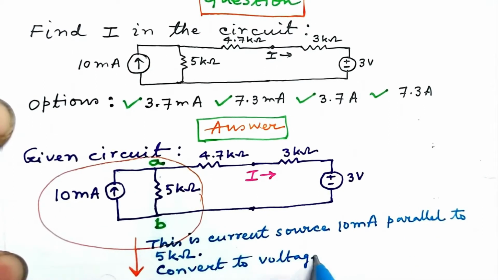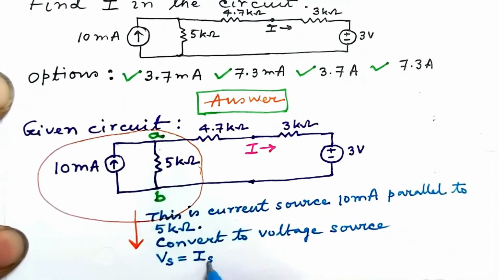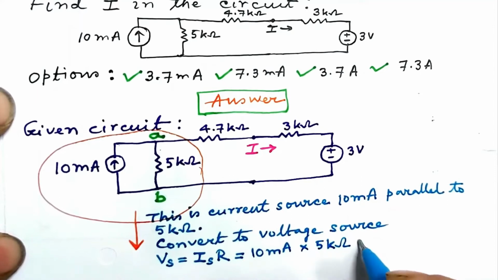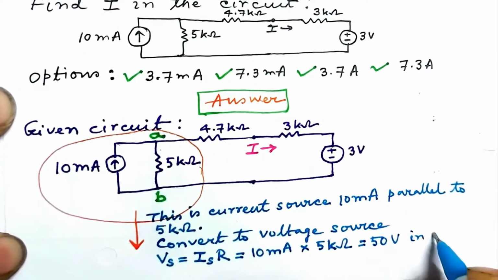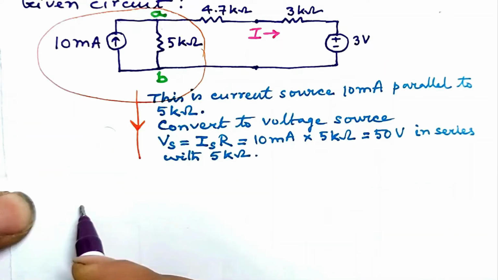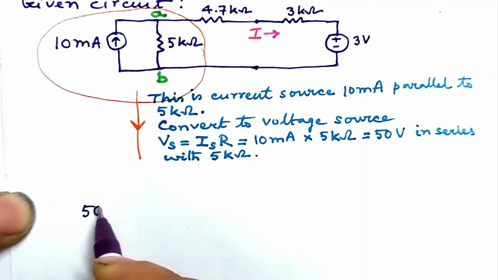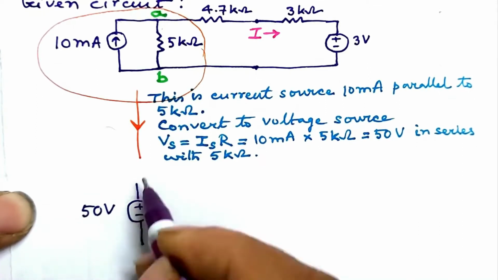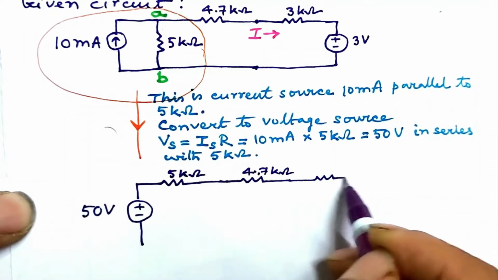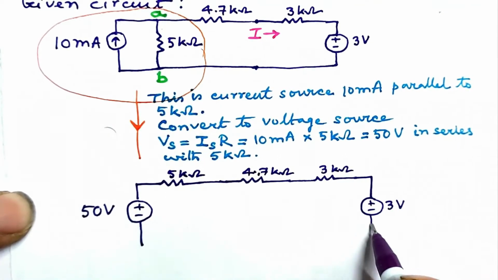Convert it to voltage source Vs equal to Is into R, which is 10 milliampere into 5 kilo ohm equal to 50 volt, and it is in series with 5 kilo ohm. Let us draw the circuit with this transformation from current source to voltage source. This is the voltage source of 50 volt in series with 5 kilo ohm resistor, and we draw the rest portion of the circuit that has been untouched.